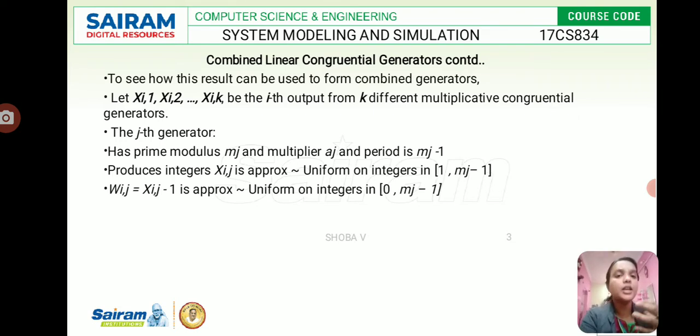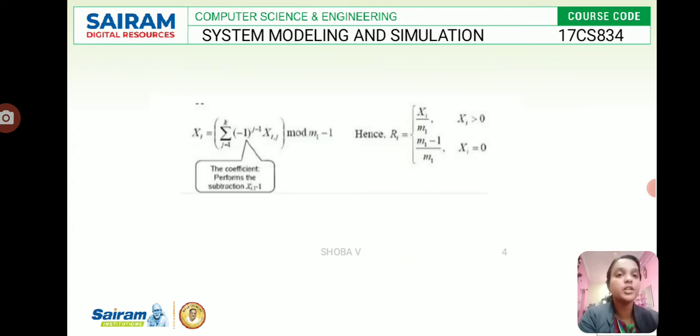What they are saying here is the output we get from k different multiplicative congruential generators produces the integers xij, which are approximately uniform on the integers 1 to mj minus 1. This is how combined linear congruential generators work.